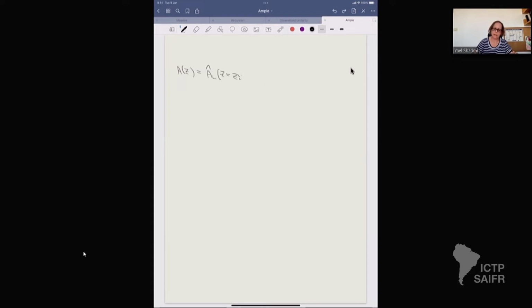Let me restart. Okay, so that was our final result. We had a sum over all the poles, A_L at z equals z_ij times 1 over P_ij squared times A_R hatted at z_ij.